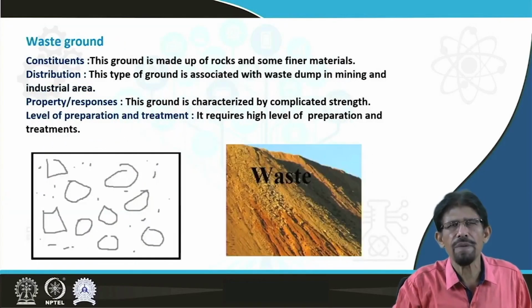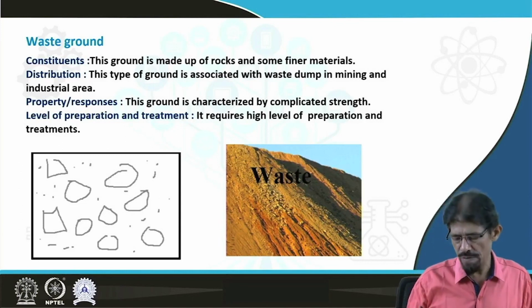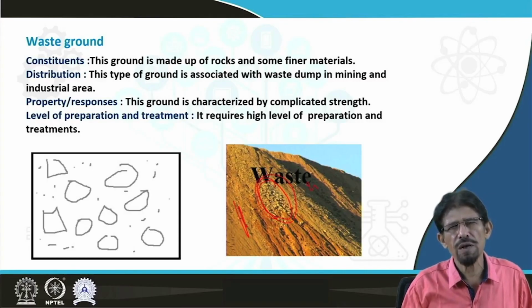Next type of ground is waste ground, mainly dominated by human activity like mining, the release of fly ash, and the release of waste from industry or domestic sources. You can see the size of this material changes: some big blocks, some smaller pieces, some finer dust type of material.